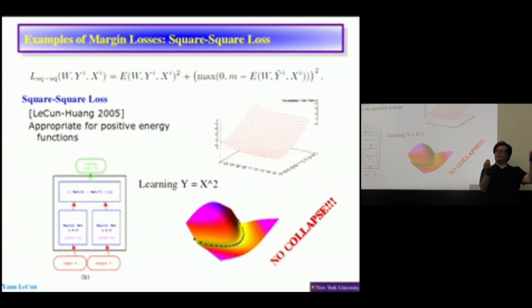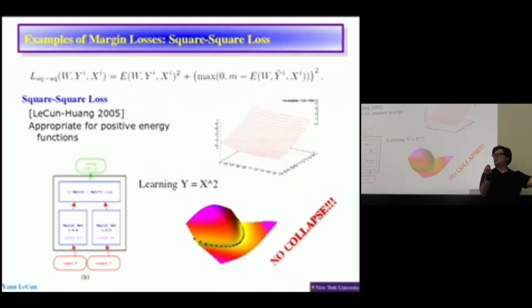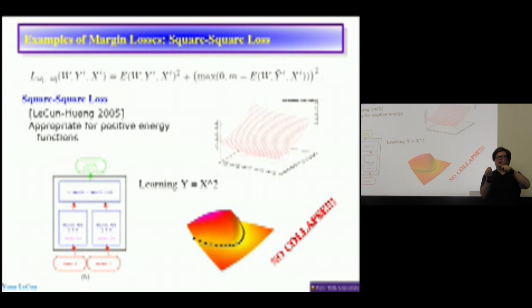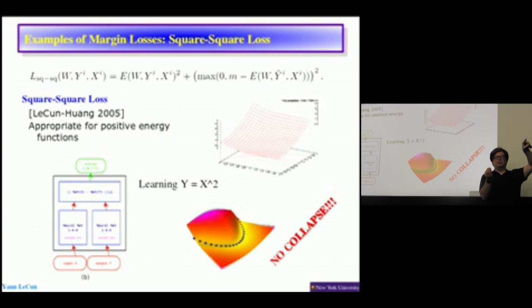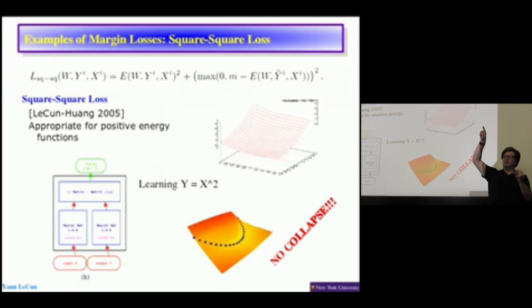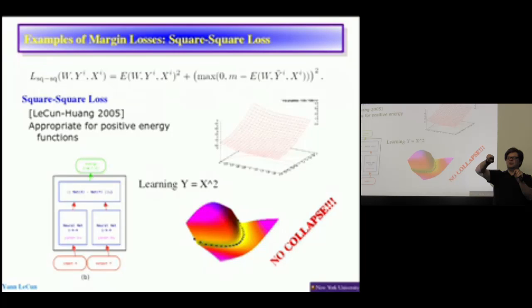Okay, so energies are always positive in this case, for example, because it's a square. So you have a quadratic cost as a function of the energy that tries to attract the energy of the correct answer towards 0. And then the second term says, I'm going to put a parabola with the minimum at m, but I only care about the negative part of the parabola, right? So the parabola goes like this, decreases, and then stops at 0, and that's the energy of the most offending incorrect answer.